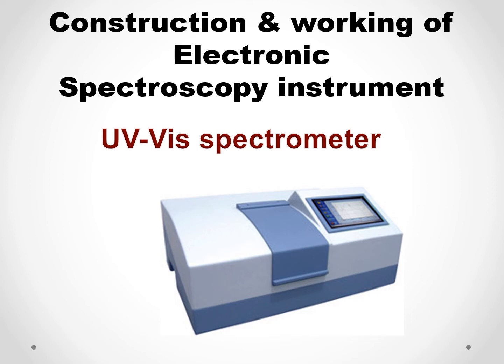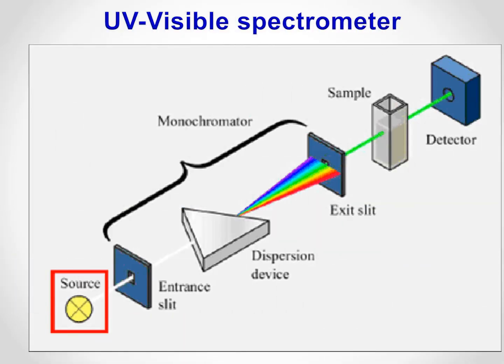How does the instrument work? Now let us look at the block diagram of this instrument. This is a block diagram of a UV visible spectrometer. It starts here. This is a source, a light source, a source of radiation.